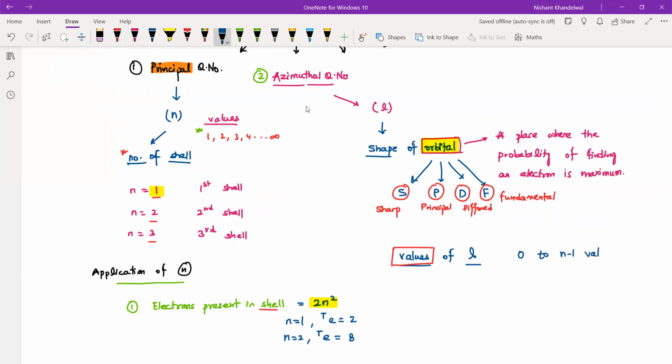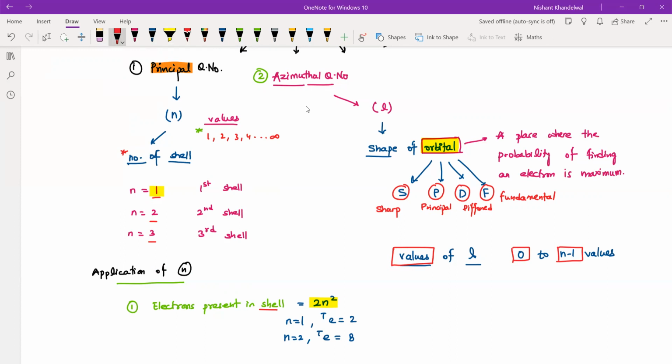Like I told you earlier, the principal quantum number helps you calculate other quantum numbers as well. So if you know the value of n, you can also calculate the value of l, from 0 to n minus 1.